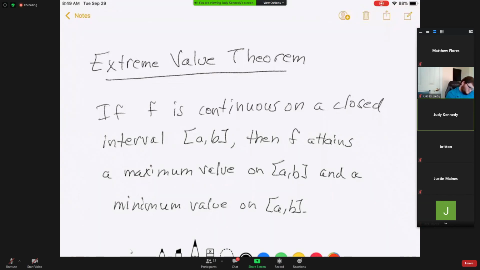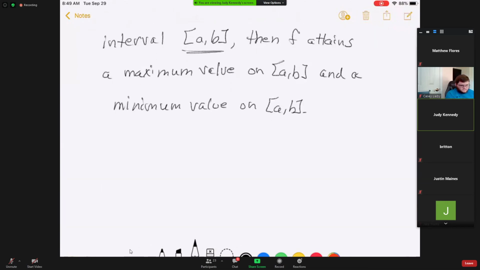Now, for this to be true, it's really important that these hypotheses are satisfied. That is that f is continuous and you're only talking about a closed interval. And A and B are numbers. So, okay.